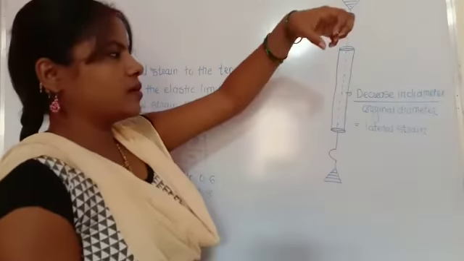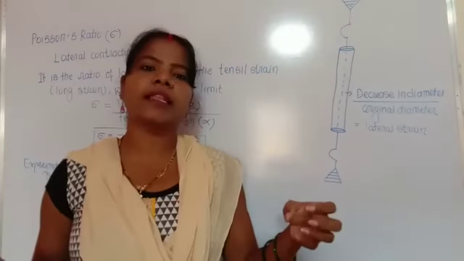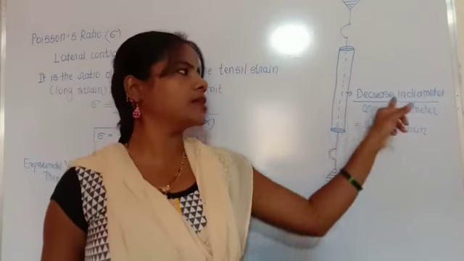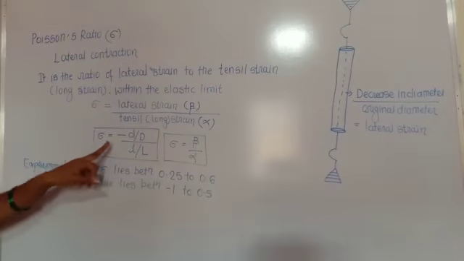When we stretch a material there is an increase in length, and with it a decrease in diameter. That's why there is a negative sign in sigma.